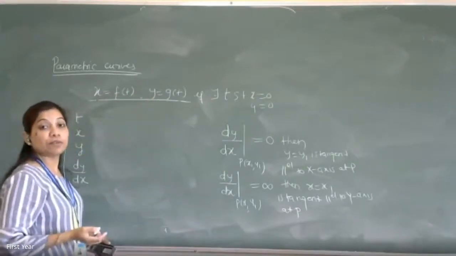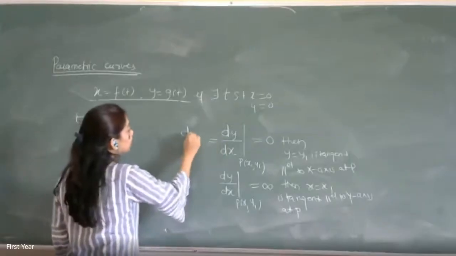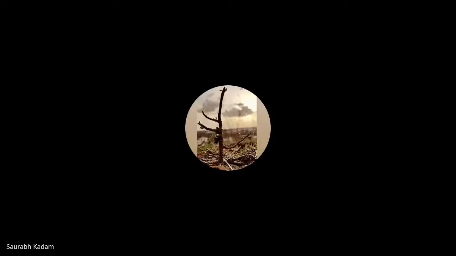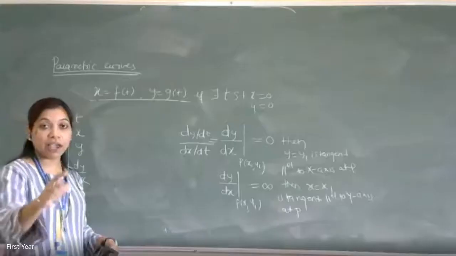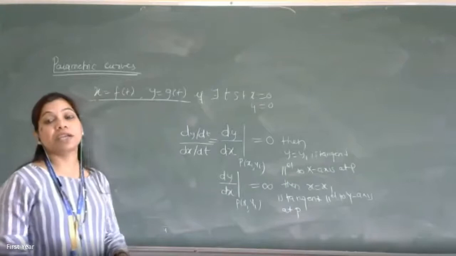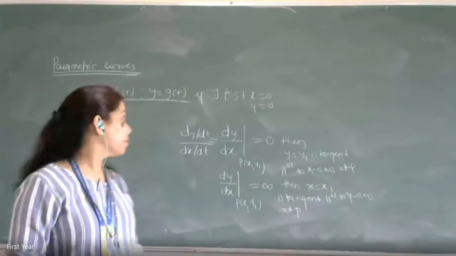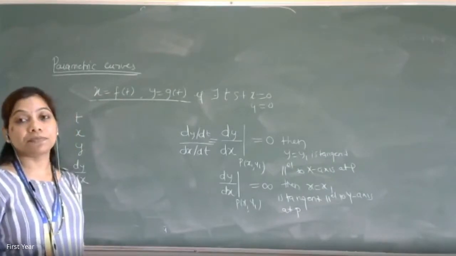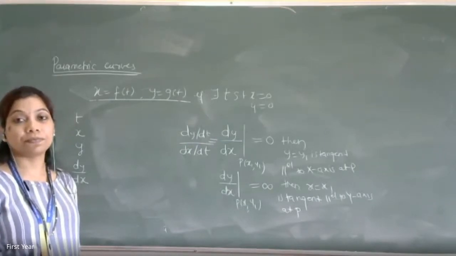Y and x are functions of t. So this will be written as dy by dt upon dx by dt. ठीक है ना? Yes, ma'am. So you write down where dy by dx is equal to dy by dt upon dx by dt. Okay?